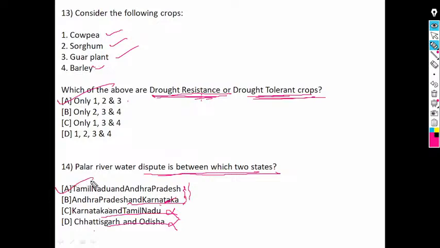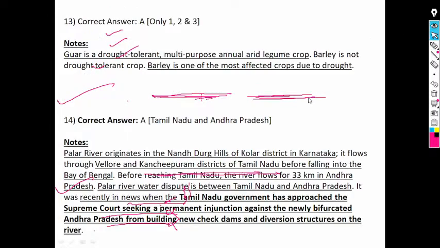It is between Andhra Pradesh and Tamil Nadu.